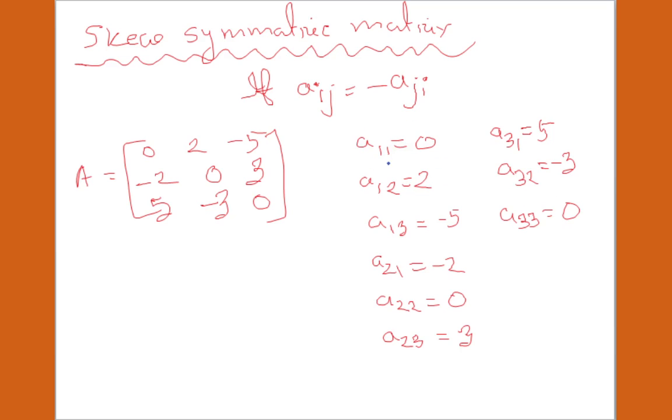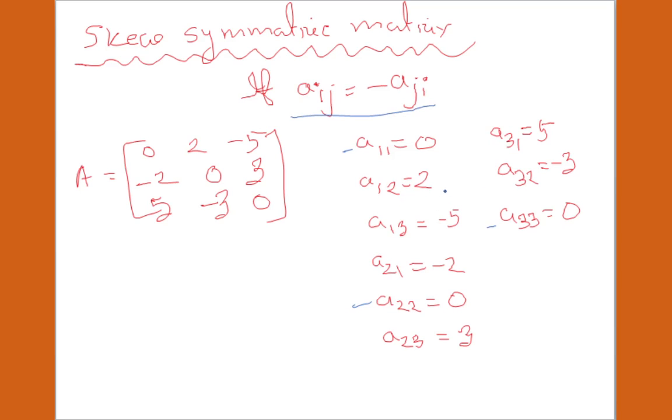Where the row number and column number are the same, we should not check: A11, A22, A33. We have to check the other elements. The reverse of A11 is A11 and of A22 is A22, that's no problem. We have to check Aij is equal to minus of Aji.